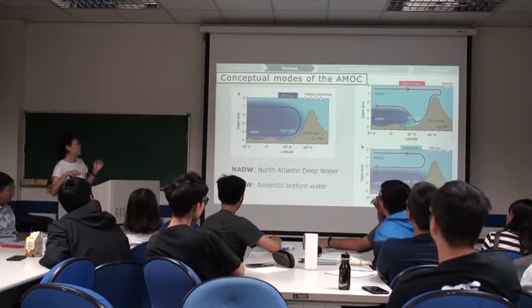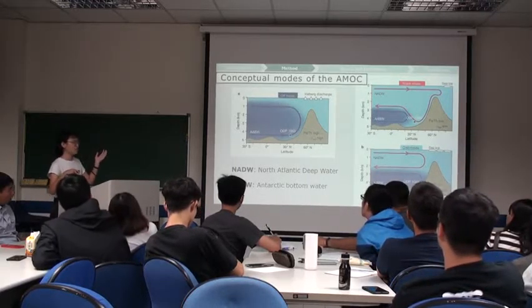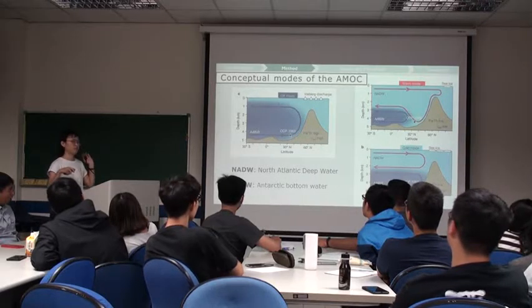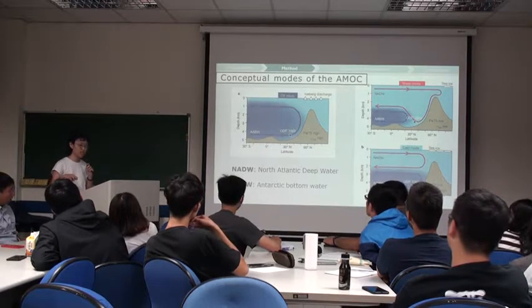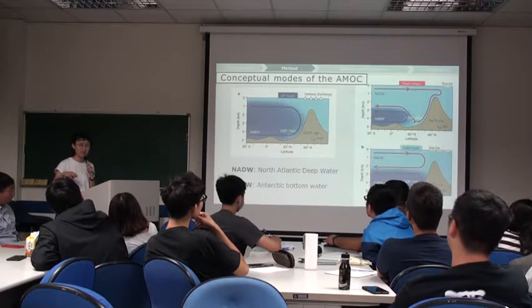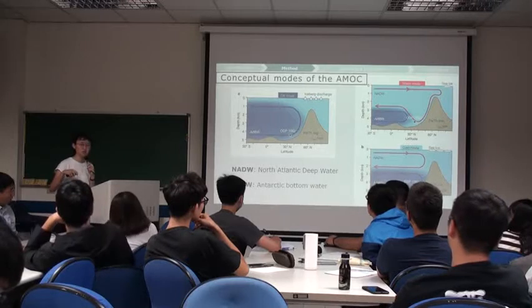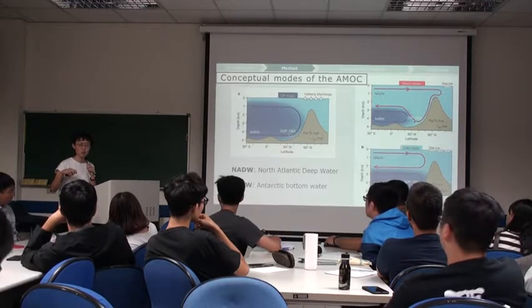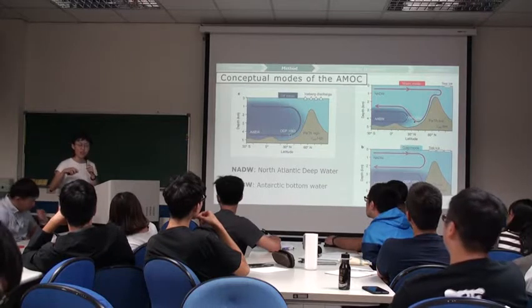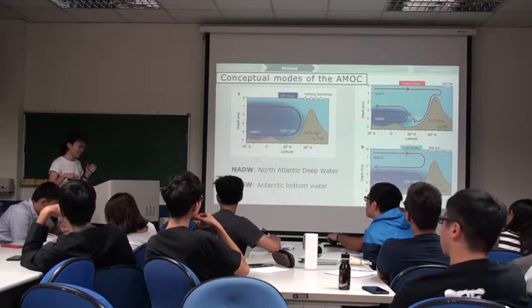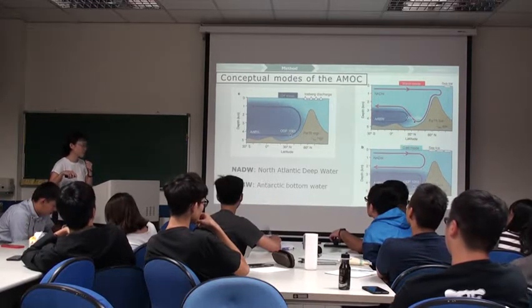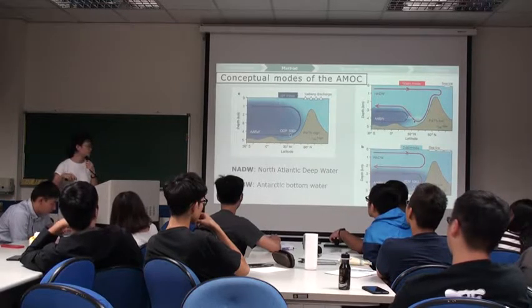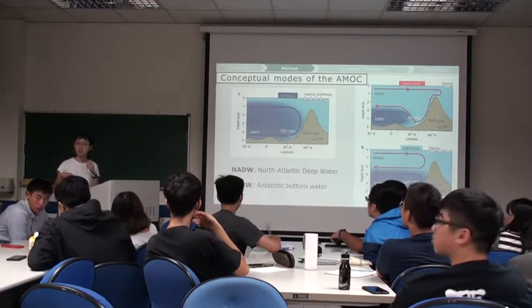Off mode means that it always appears in the glacial stage, and it has a very weakened AMOC, and the major water mass is from the southern source. Yeah. Get it? The major water mass is the Antarctic bottom water. Okay, volunteer question. What's your name?